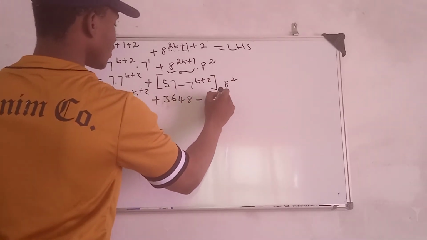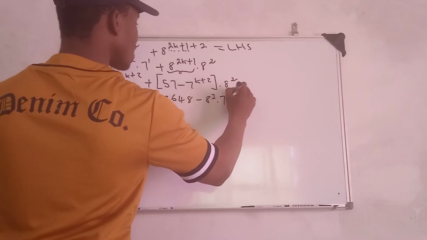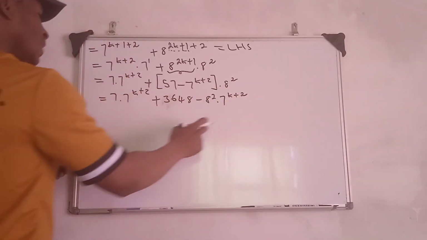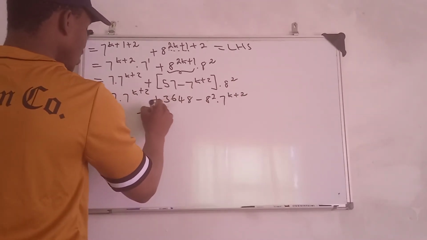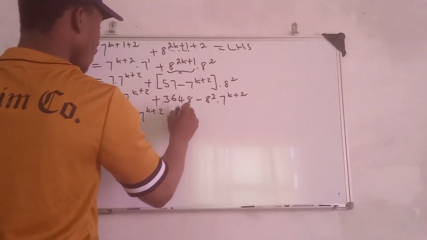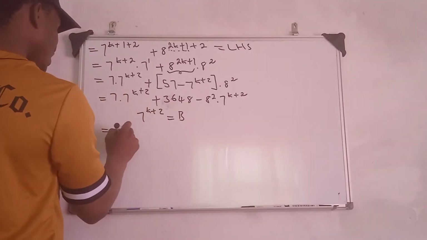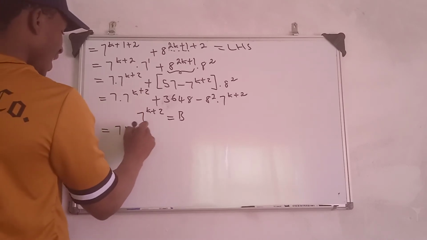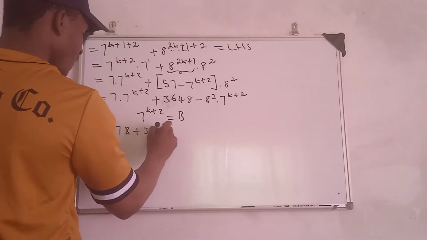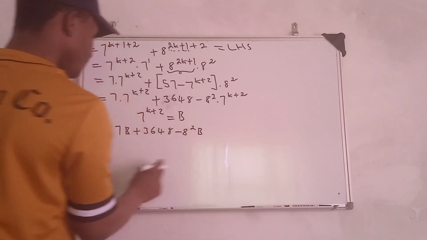So it's 8, it will stick with k plus 2. But wherever I'm seeing this, I can just say 7^(k+2) is b. So I'm going to be having something like 7, and here I'm going to substitute b, plus 3648 minus 8 squared b.